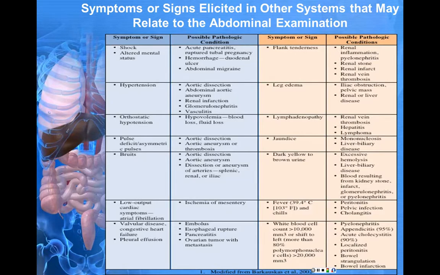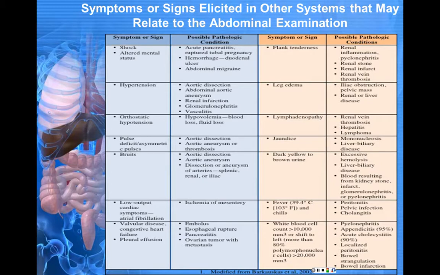So you can see here you can have aortic dissection and have symptoms in the abdomen related to hypertension, orthostatic hypotension, fluid volume loss, bruits, aortic dissection, aortic aneurysm, dissection of these other arteries, spleen, renal, iliac, femoral, etc. So just review this.